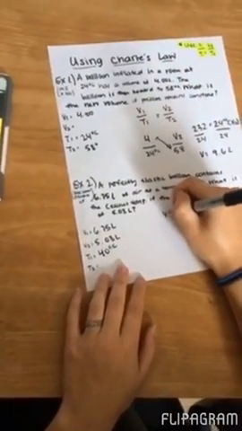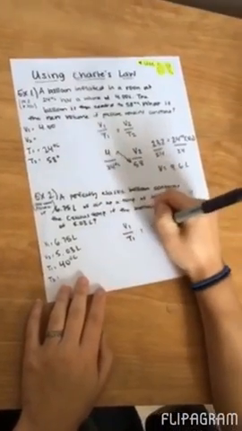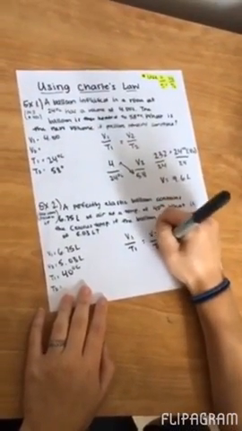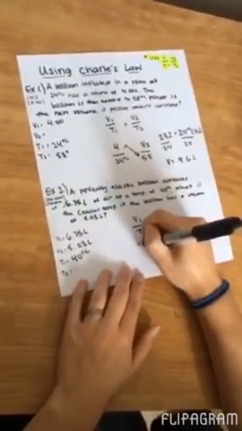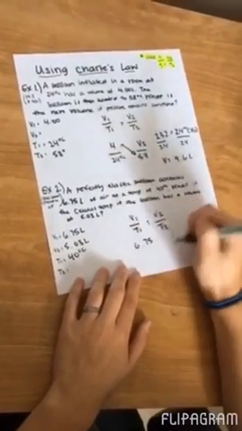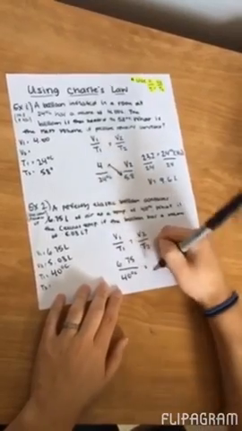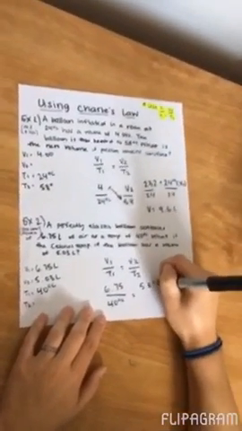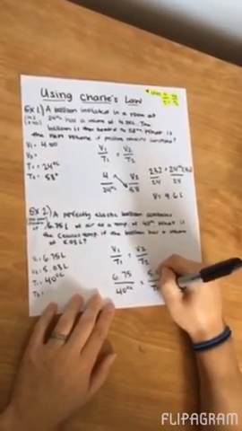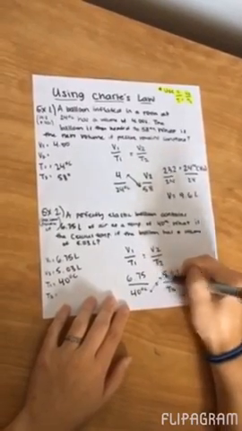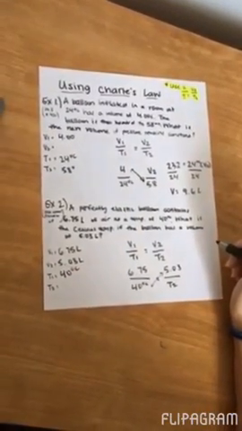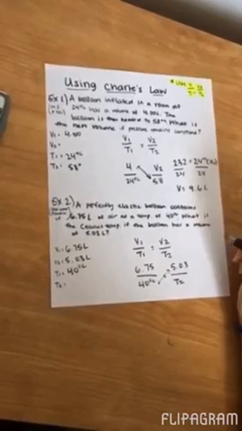So, let's write down our equation. And let's fill in our knowns. So V1 is 6.75 over the first temperature, which is 40 degrees, is equal to 5.03 liters over our second temperature. Again, let's cross multiply. 40 times 5.03.